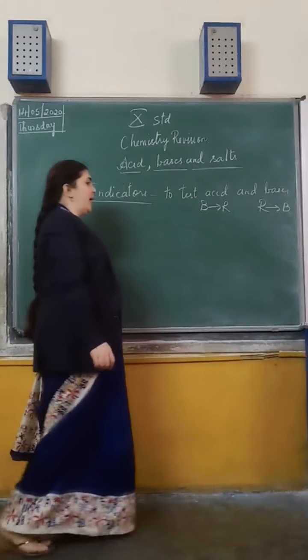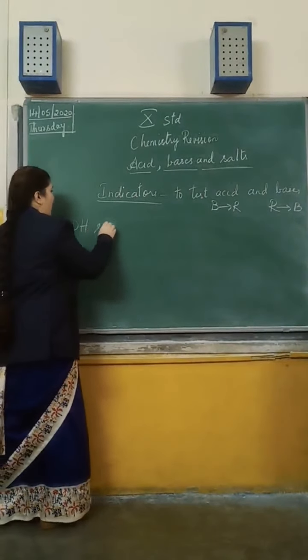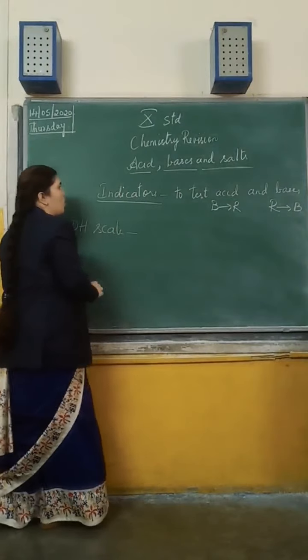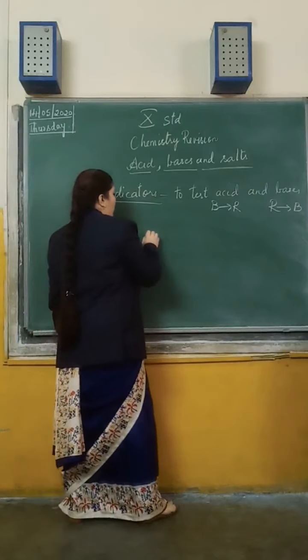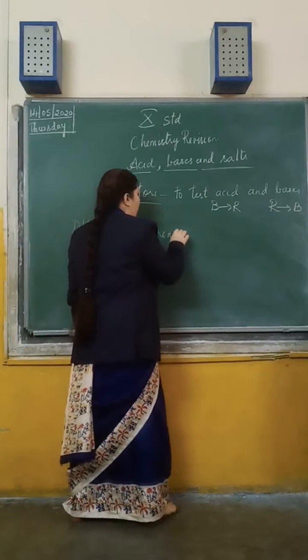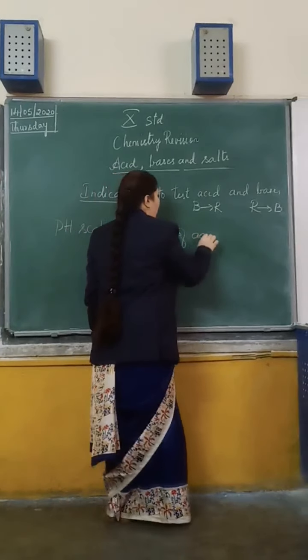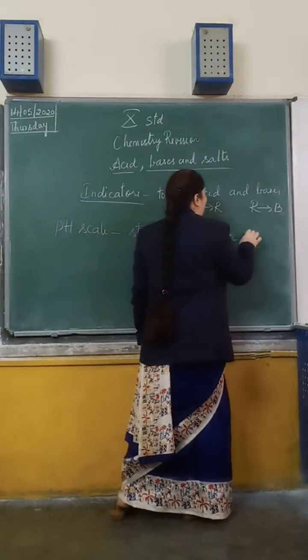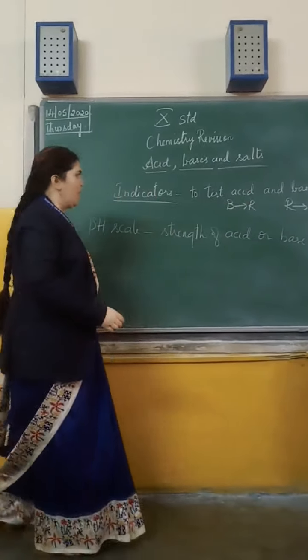But another indicator, the pH scale, tells you how strong the base or the acid is. It shows you the strength of the acid or the base.